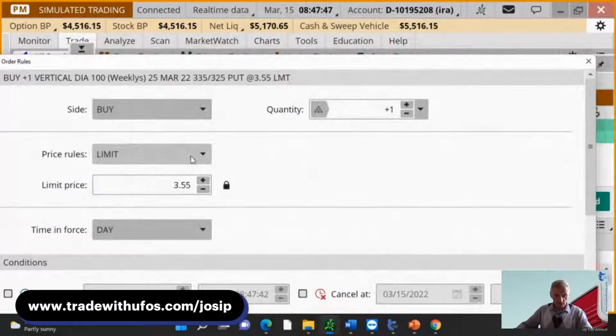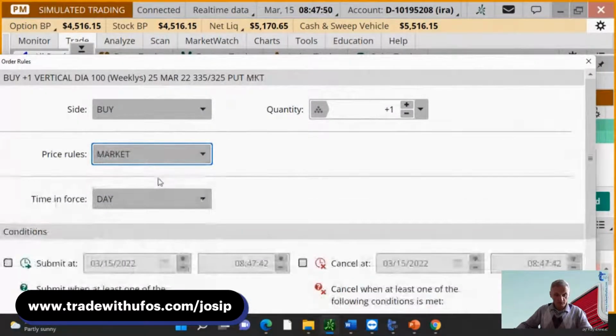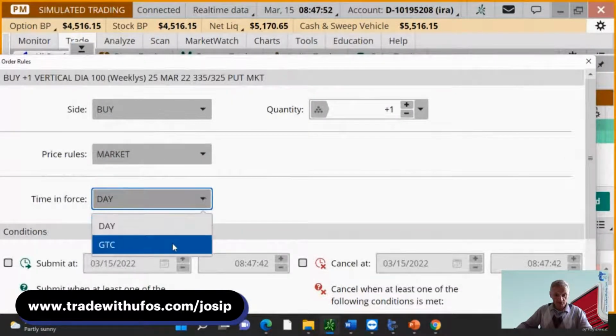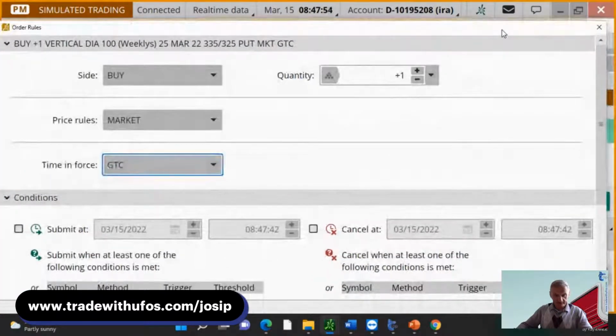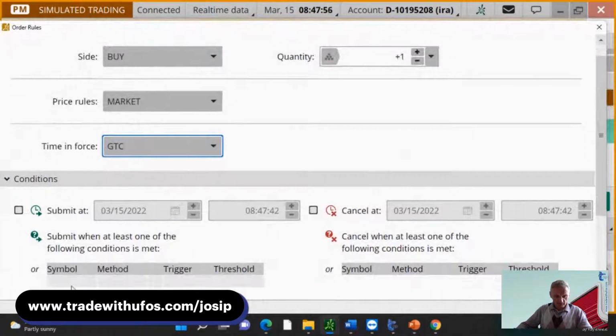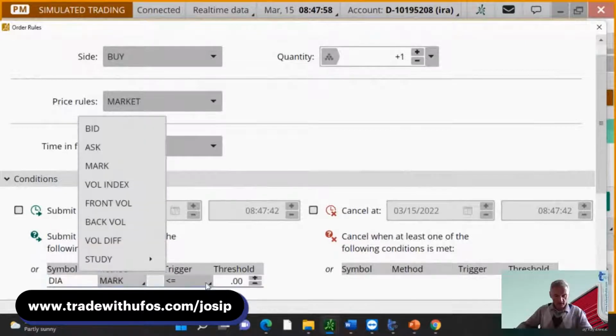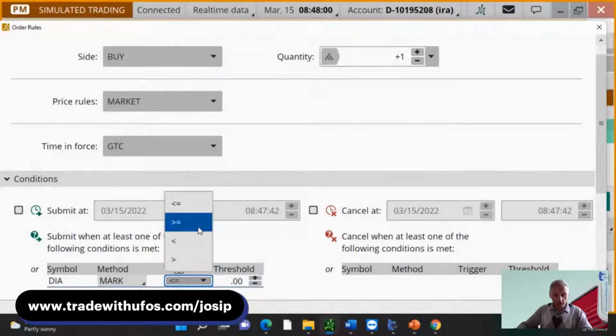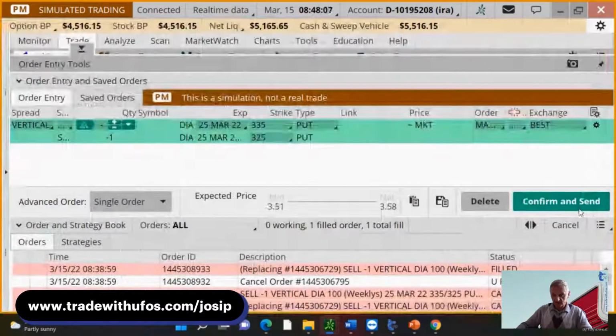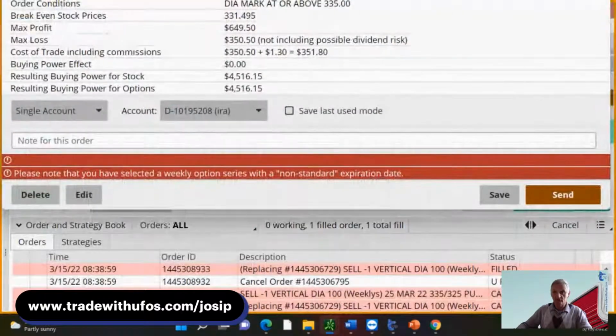Okay, so price rule at the market, time in force, good till cancel, trigger when the Dow is at or above 335. Go ahead and exit me. So I go over here, confirm, and I don't rush it.